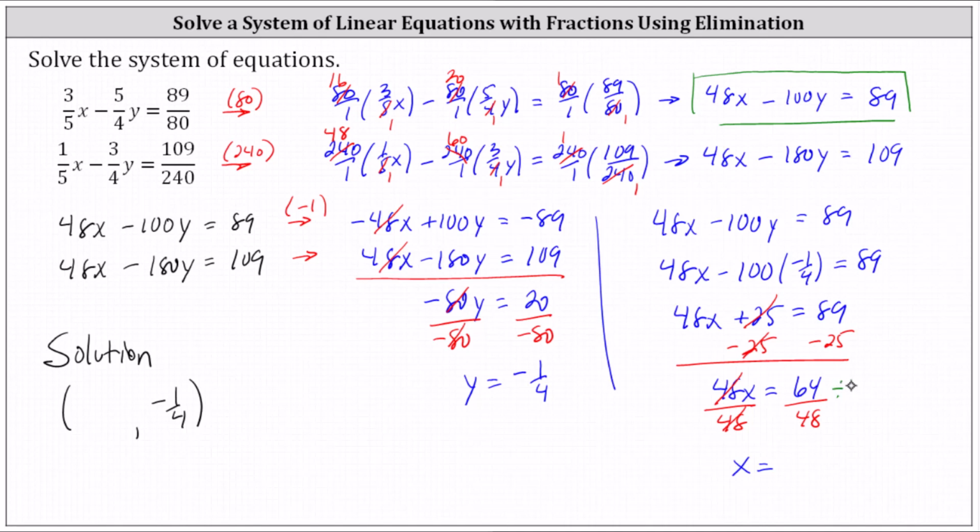If we divide the numerator and denominator by 16, we can simplify the fraction. 64 divided by 16 is 4. 48 divided by 16 is 3. X equals 4/3, which indicates our solution is x equals 4/3 and y equals negative 1/4, which is the ordered pair 4/3, comma, negative 1/4.